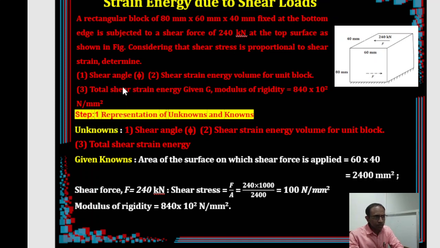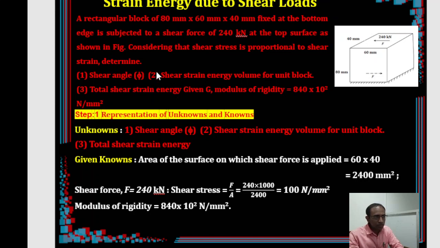So let us look at what the unknowns and knowns in this problem are, and put things in order. What we are supposed to calculate is the shear angle, which is nothing but shear strain. So shear strain or shear angle are both the same, and the shear strain energy per unit volume, which is the strain energy density we calculated previously, and finally the total strain energy.